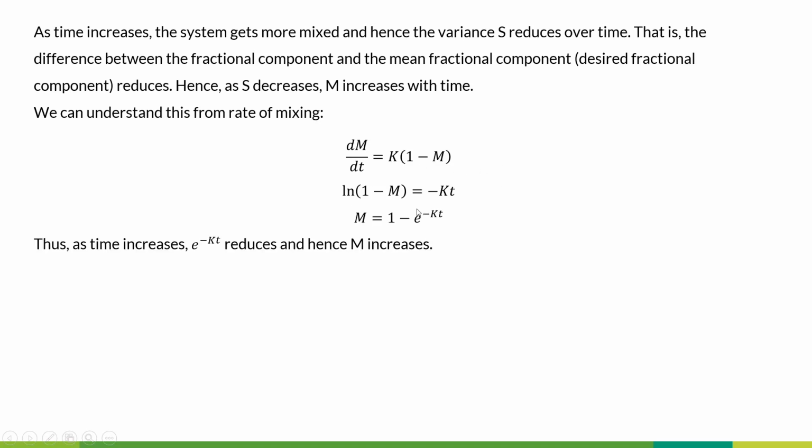So if you now want to look at it, M is equal to 1 minus e power minus kt, and as time increases, e power minus kt reduces. Since e power minus kt reduces, M will approach more and more 1, that is M will start increasing. So this is also another way to look at mixing index increasing with time. So the answer here is option A.